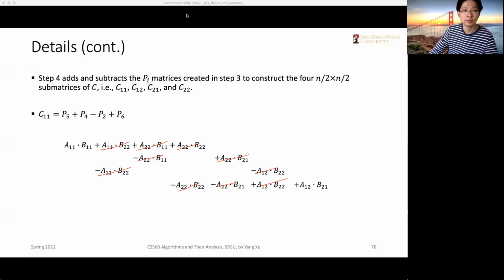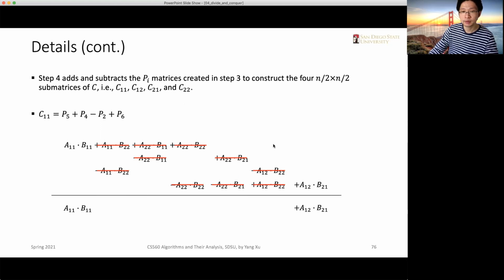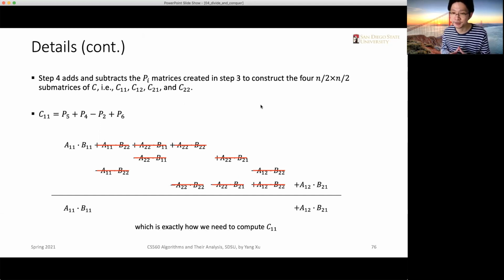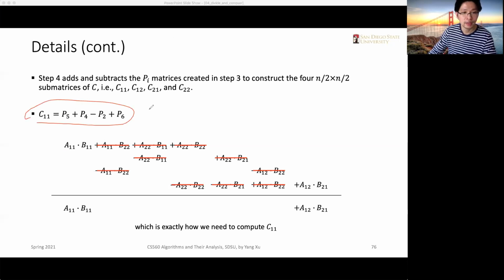The only term that's left is A11 times B11 plus A12 times B21. And that is exactly the definition of C11.